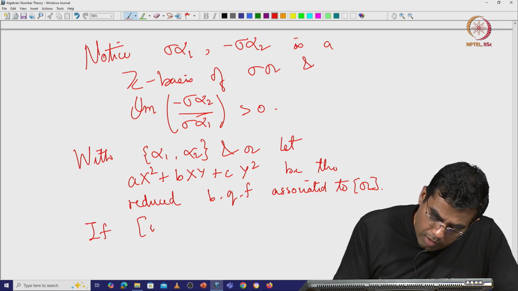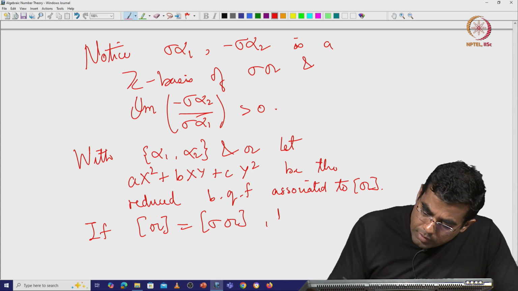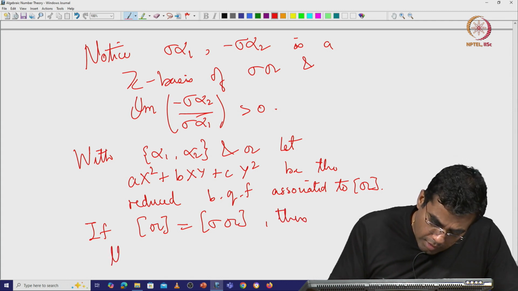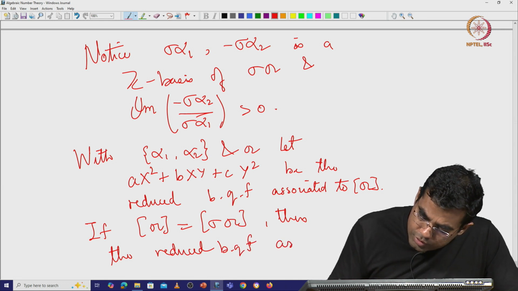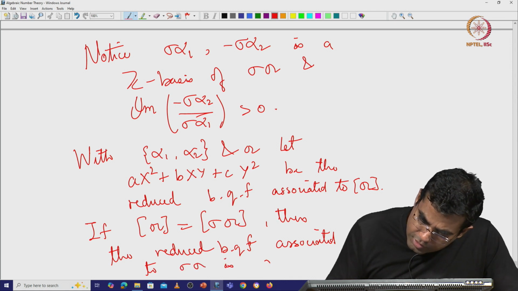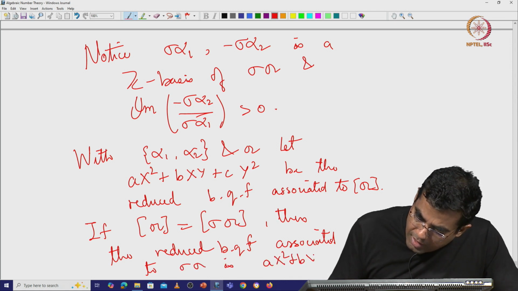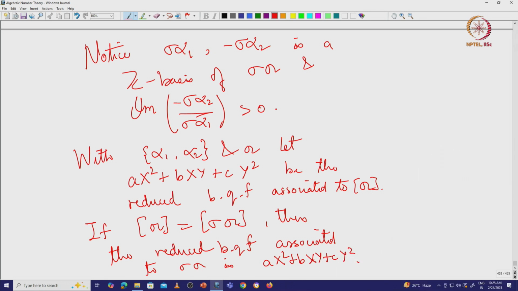If A is the same as sigma A, then the reduced binary quadratic form associated to sigma A is also ax squared plus bxy plus cy squared, right.